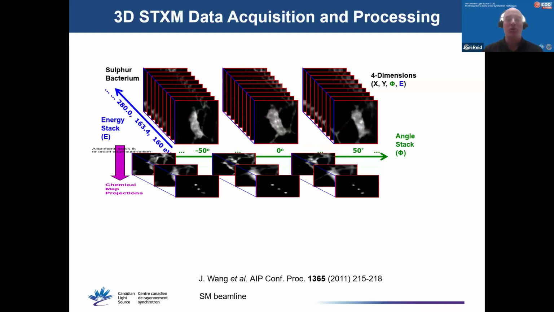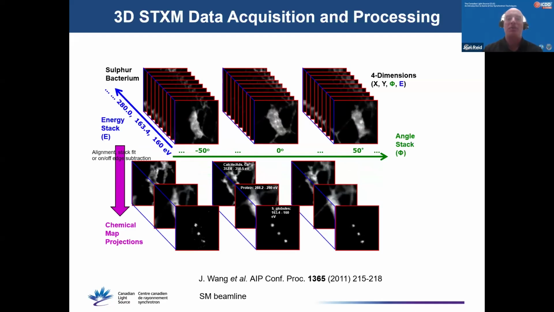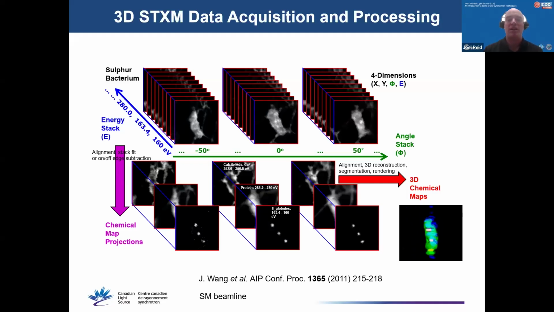This creates huge amounts of data, and it is computationally intensive, but you can tomographically reconstruct nanoscale objects in 3D. This is a sulfur bacterium, about 1 to 2 microns long, with chemical imaging illustrating the distributions of calcium and carbon and sulfur in the bacterium.